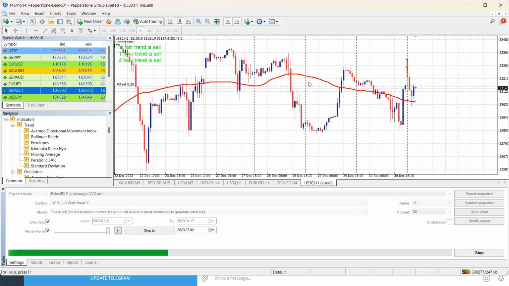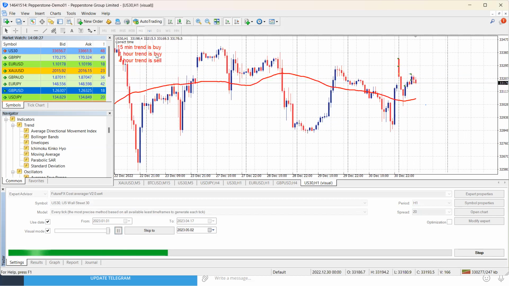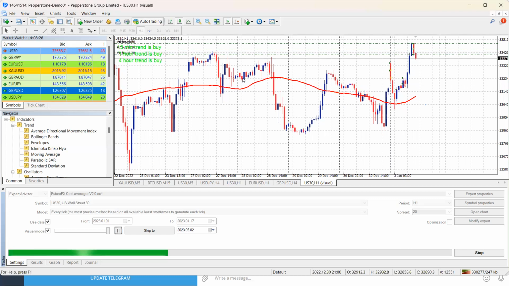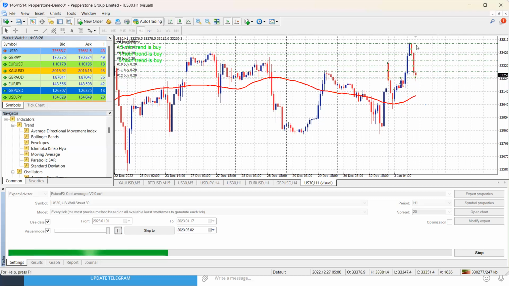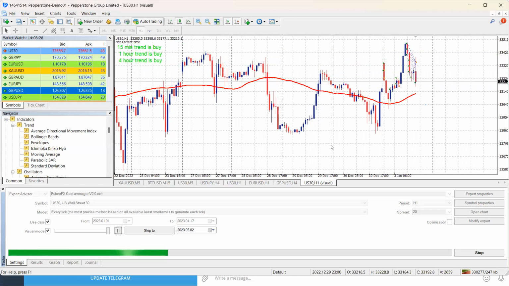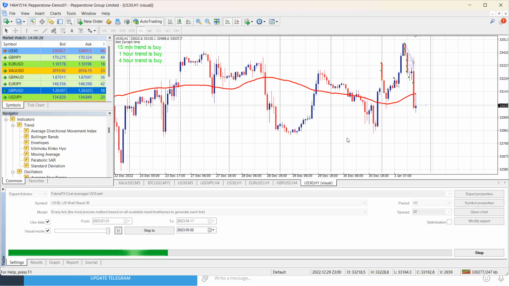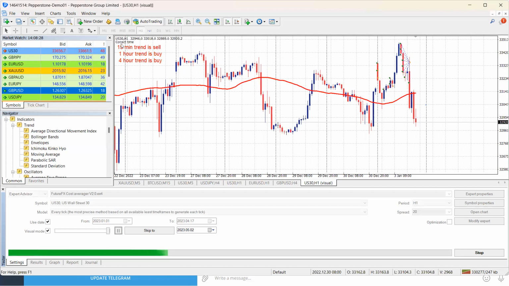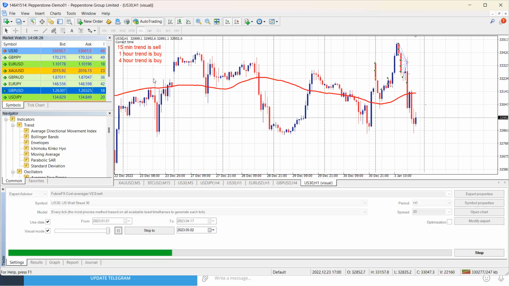But we'll just wait for that. So see, as soon as that turned green, we got a few trades come in. Trends are lined up, so it's opening up trades. Close them all out at profit. Now we're just in that not correct time, back into correct time, waiting for the trends to line up.